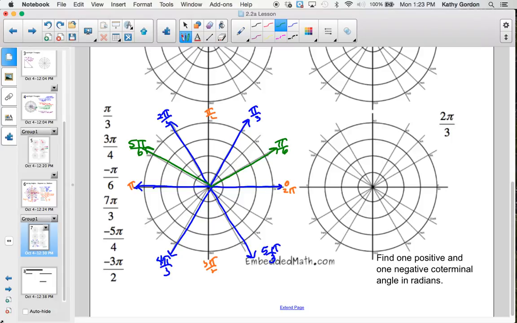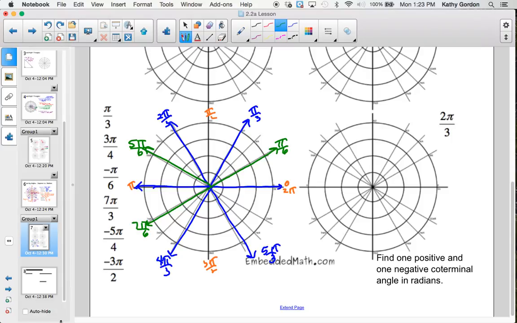Okay. Next. 6 pi over 6, which is pi. Got it. Next. 7 pi over 6. I don't got it. I'm going to label it. 7 pi over 6. Next. Which reduces to? Got it.